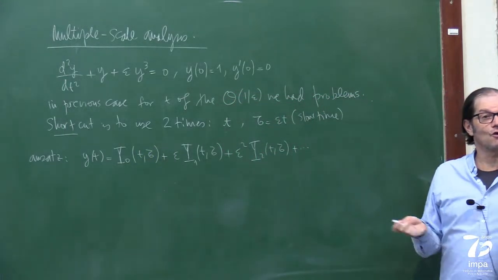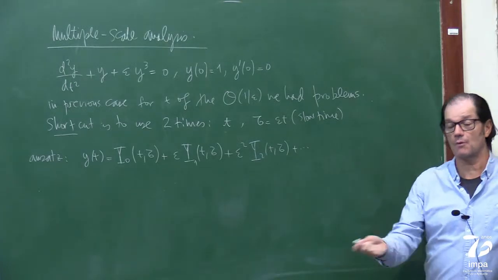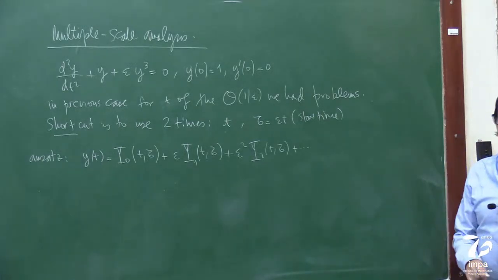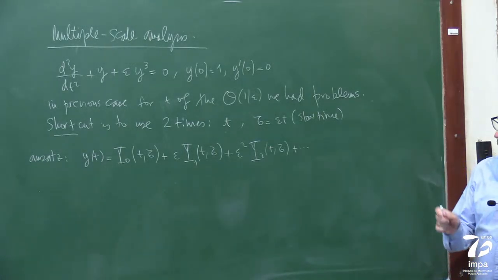Okay, so you already saw this, how it worked to get the KdV. But now we're seeing a slightly simpler case.